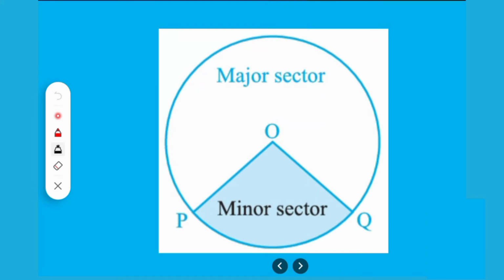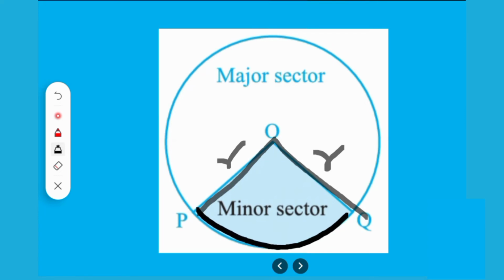Now the new part is the sector. What is a sector? When we take two radii of the circle, OP and OQ, and the arc PQ, that inner portion is known as the sector, and that inner portion, the lesser one, is called the minor sector.